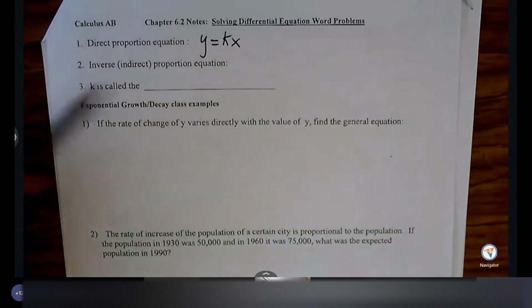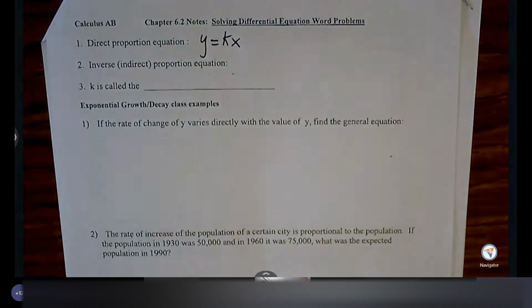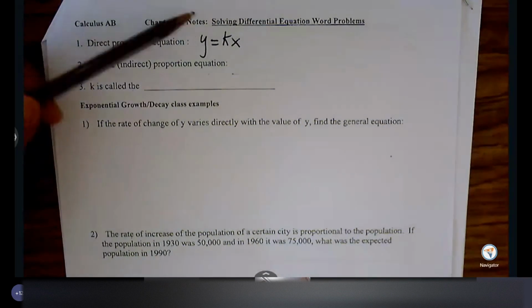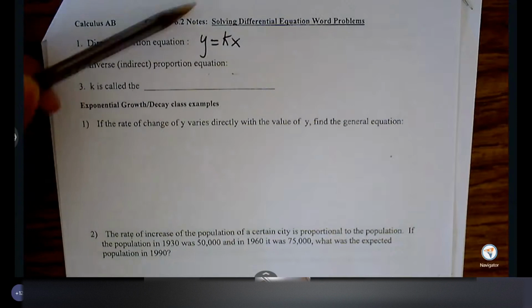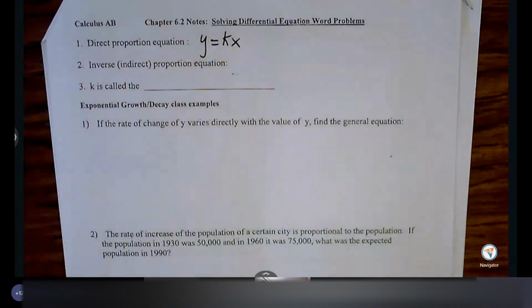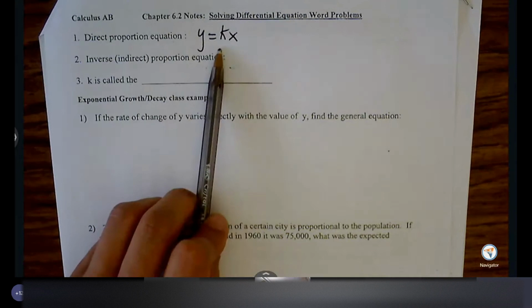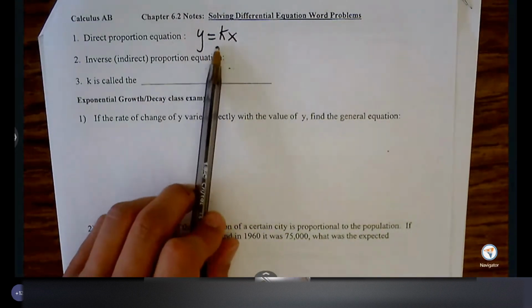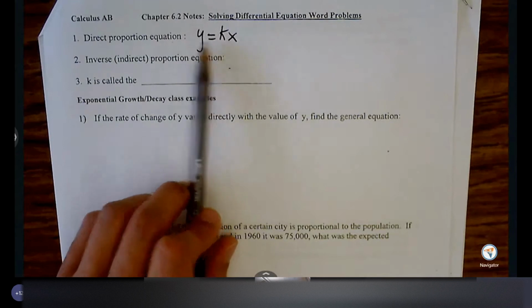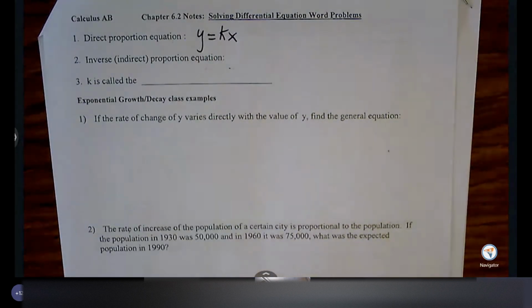So that will ensure that y and x are both increasing or both decreasing. They're going to have a similar relationship, both values either growing or decreasing. And k is a way to show that relationship between y and x, kind of like a ratio, a proportion between the two variables.